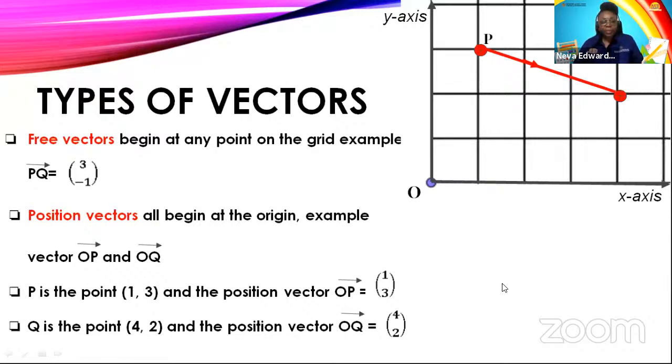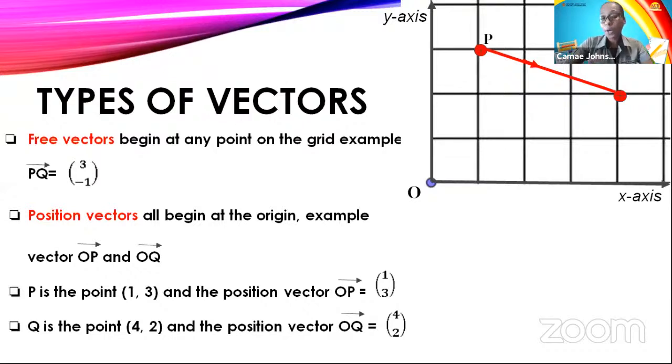So Camille, take us through now the position vector. I went back in the chat because I remember one of our students speaking about the origin. Gregory Bryan pointed out the origin. So here we are looking at position vectors. Position vectors all begin at the origin.